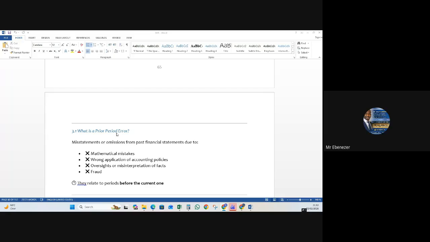It can be a mathematical or arithmetic error, plus and minus. It can be wrong application of accounting policies. It can also be an oversight or misinterpretation of facts. And it can also be intentional, which is fraud.